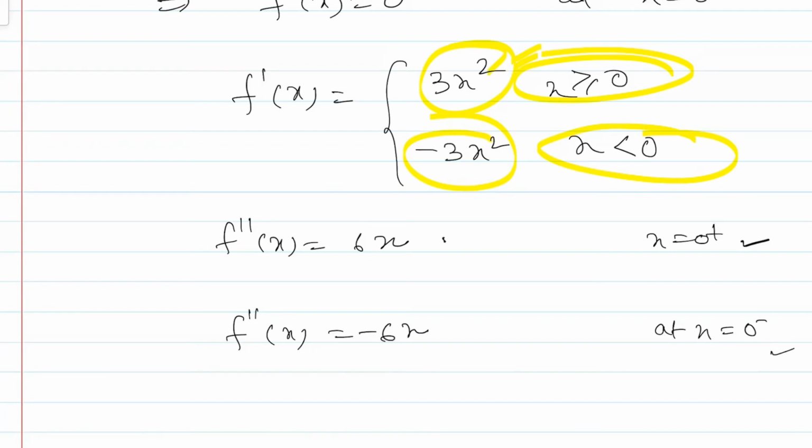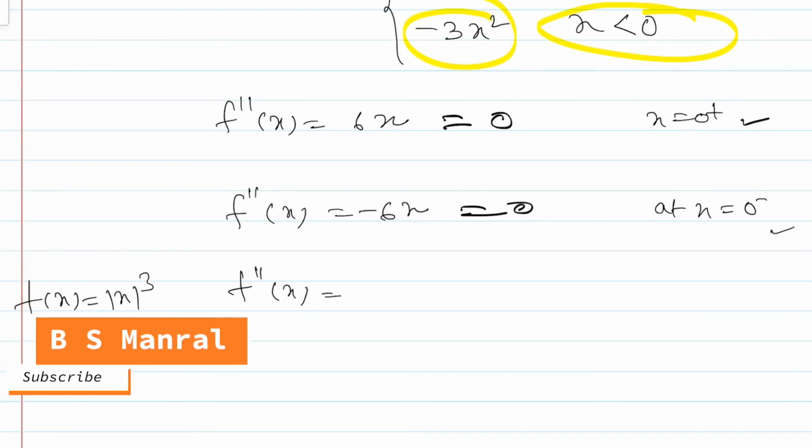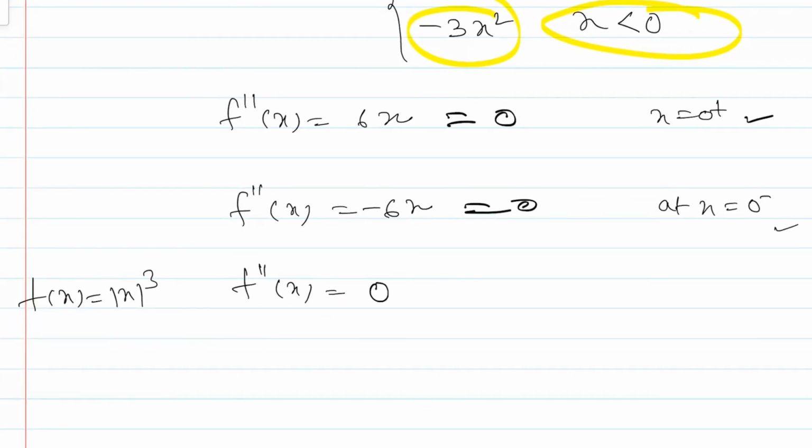Now at x equal to 0 both are defined and equal to 0. Left limit and right limit are equal. It means that the second derivative of f(x) equal to modulus x cubed is differentiable and it is equal to 0.